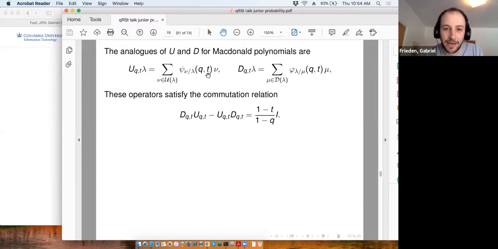There are weights that come from the P lambda and weights that come from the Q lambda. In this case, the key relation is almost the same, but you have this extra factor of 1 minus T over 1 minus Q.